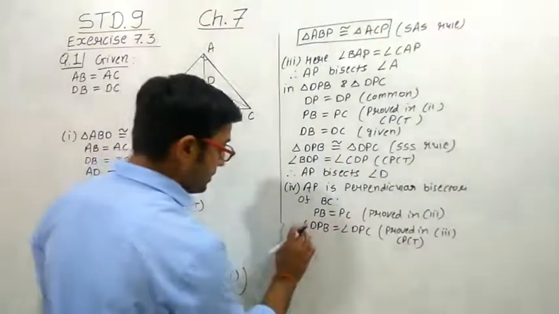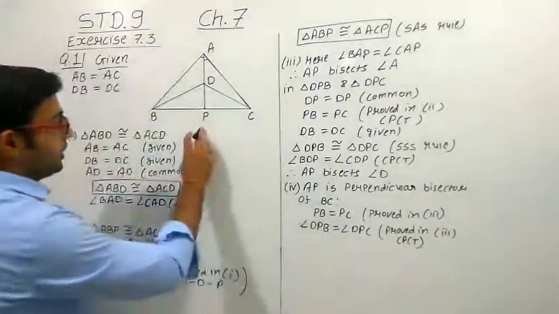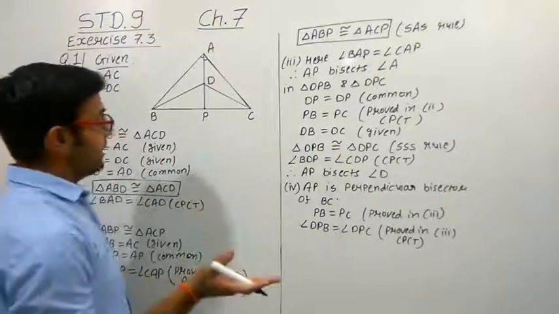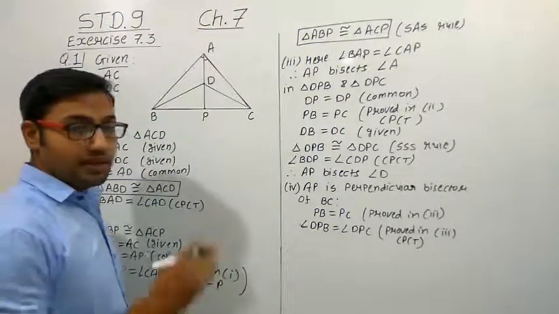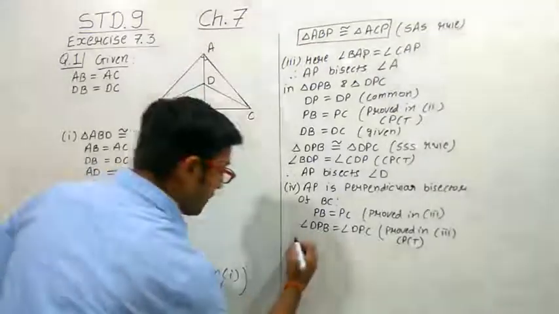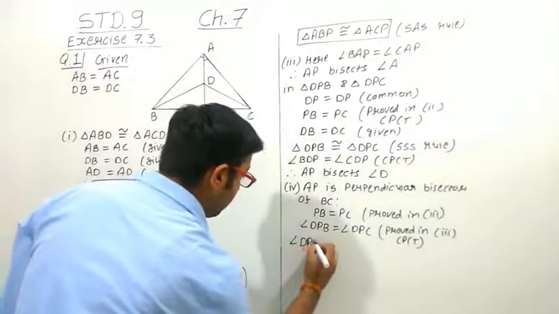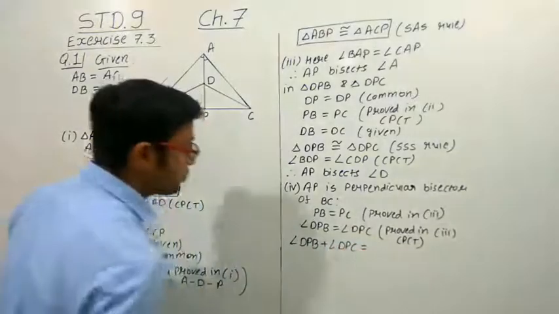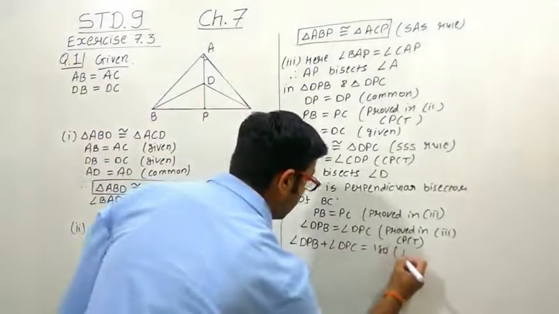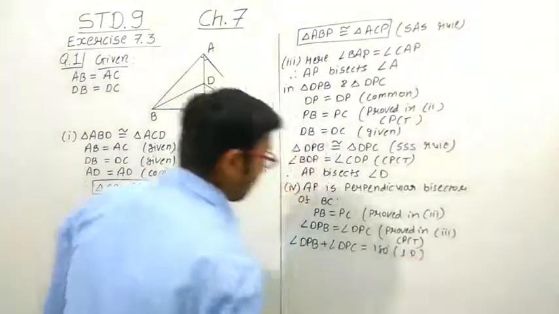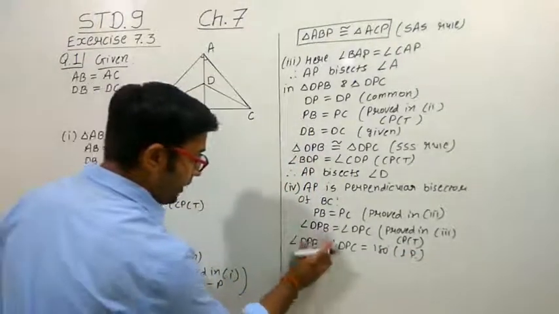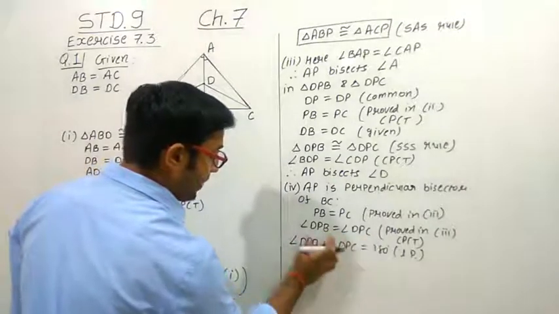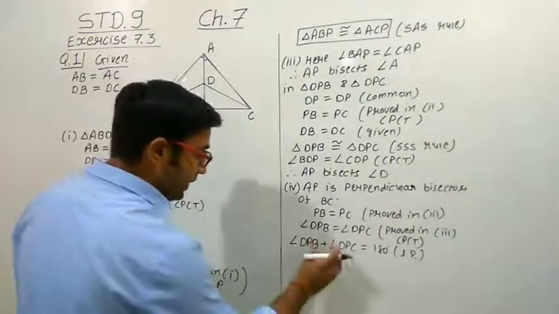As these two angles are equal, one more thing you can notice is that DPC and DPB are on the same line segment BC and they make a total of 180 degrees. So we can write down that angle DPB plus angle DPC is equal to 180 degrees by linear pair. Since both angles are equal, let us write DPC instead of DPB.